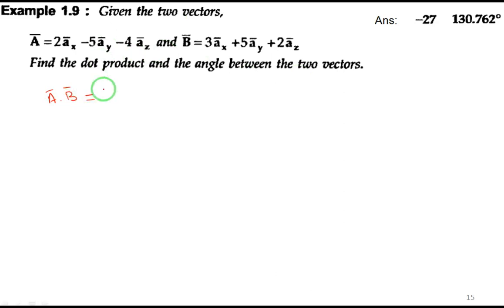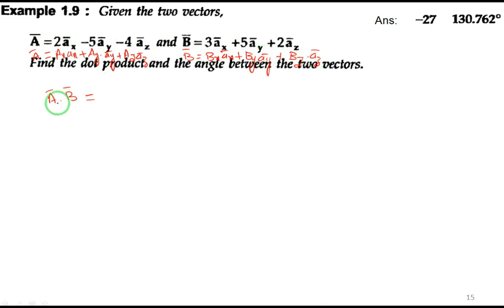We have seen, don't use the definition of dot product here, because this is a general vector a and a general vector b. So just writing general vectors: a is ax, ay, az, and b is bx, by, bz.